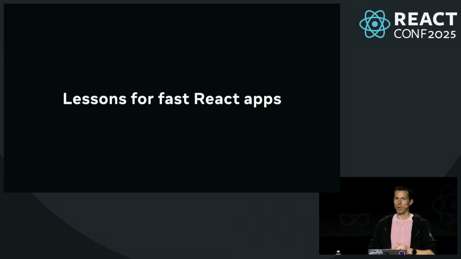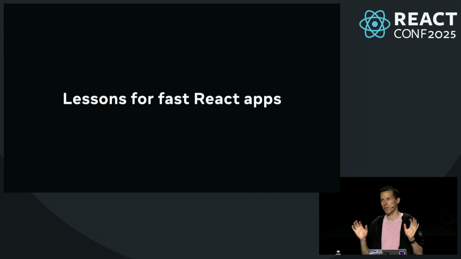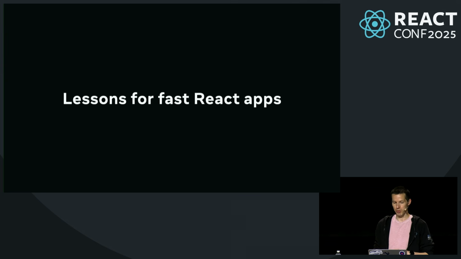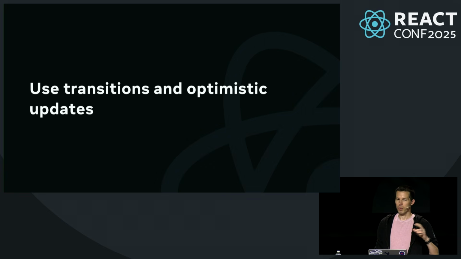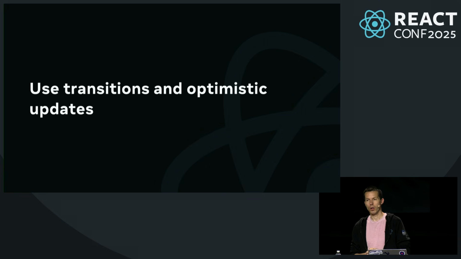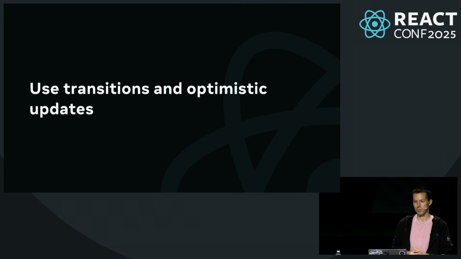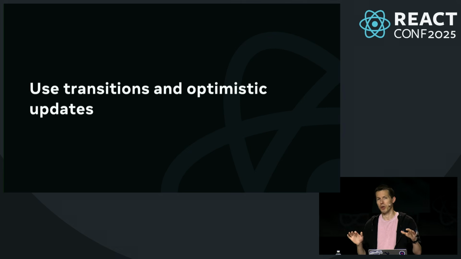So, what does all this mean for building fast apps? Well, it means using React to take advantage of all the performance features that we've built. First, as Rick showed earlier, we can use transitions and optimistic updates to ensure that we stay responsive, regardless of the library you use.